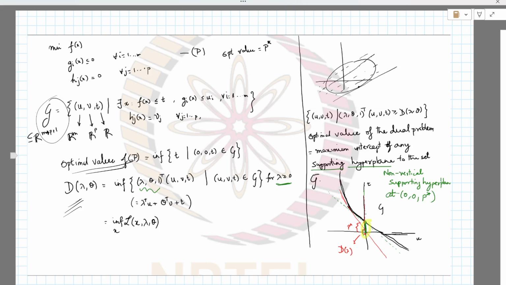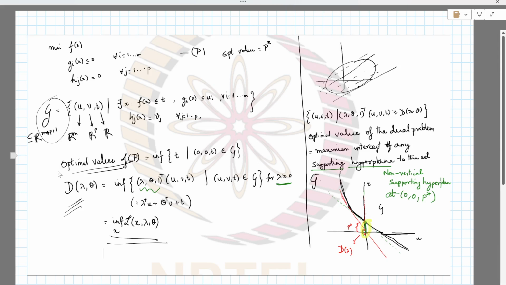That part you understood? Yeah, I have understood. And then after that, that line is written, the infimum of L(x, lambda, theta), which is the Lagrangian over x. How is that connected?